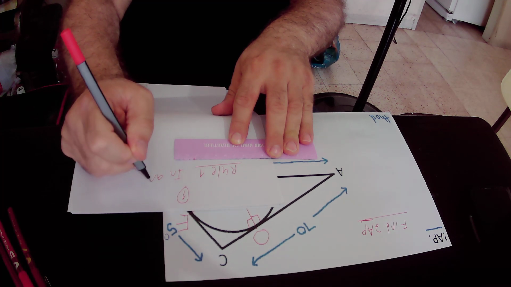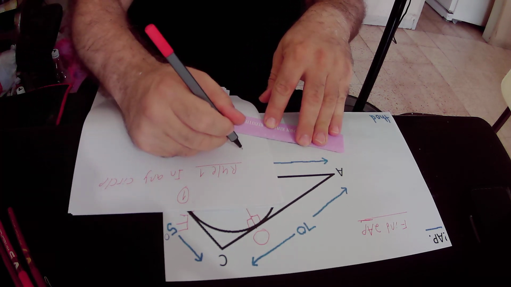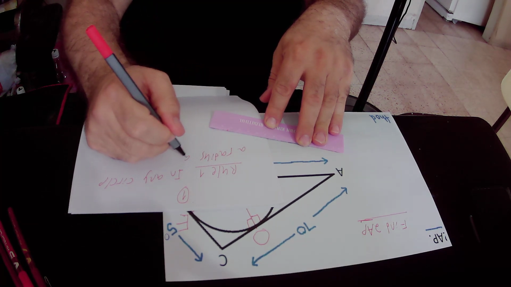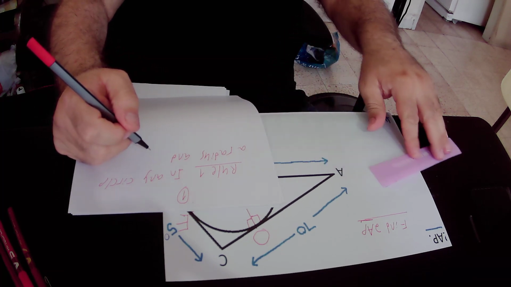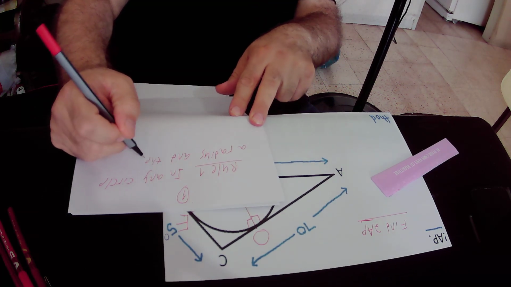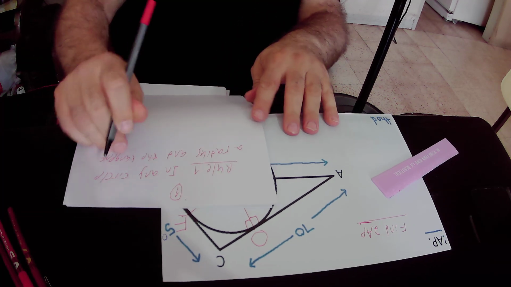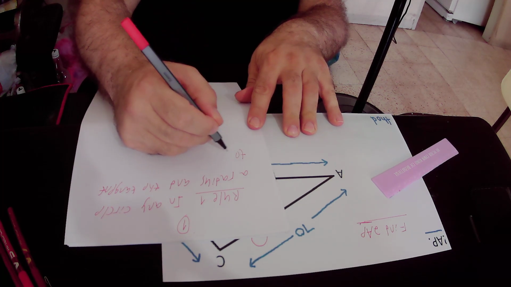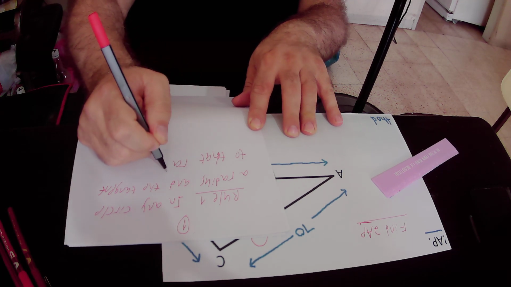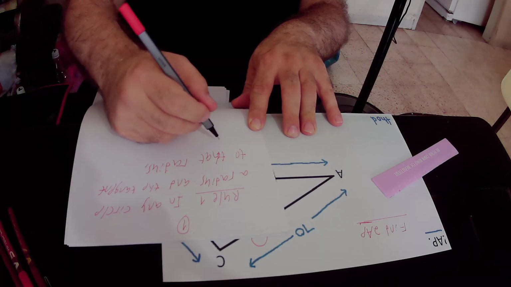In any circle, a radius and actually the tangent to that radius are perpendicular to each other.